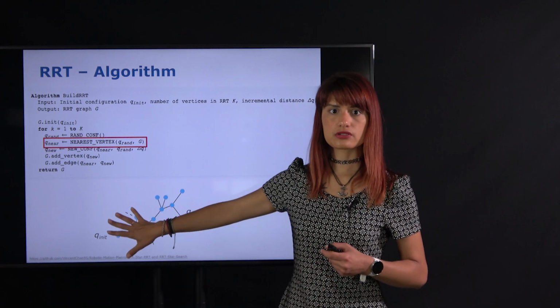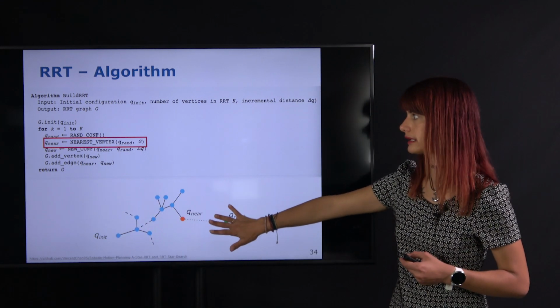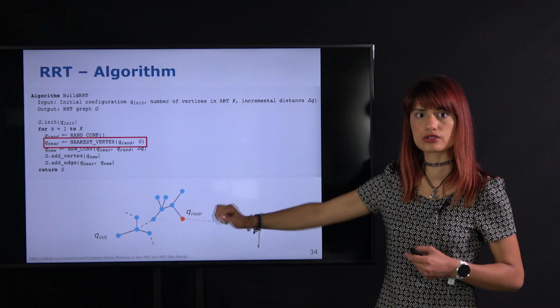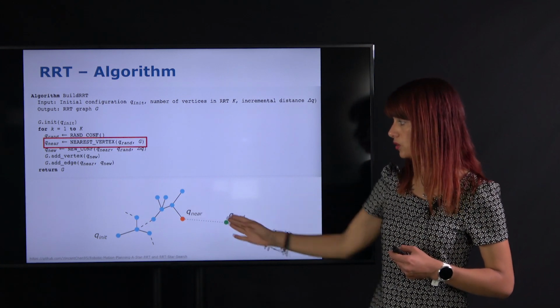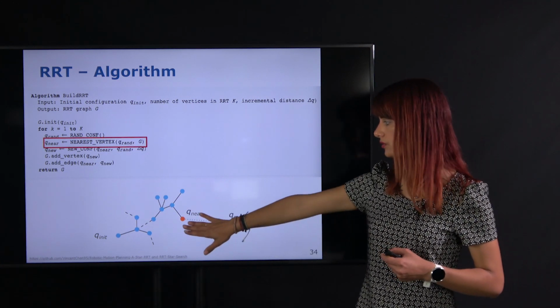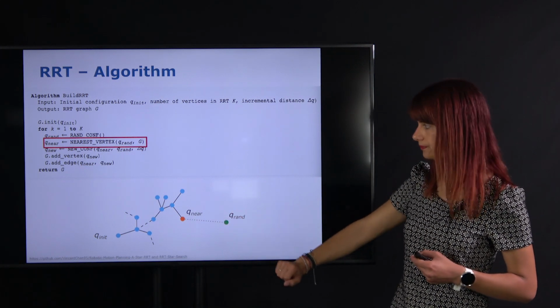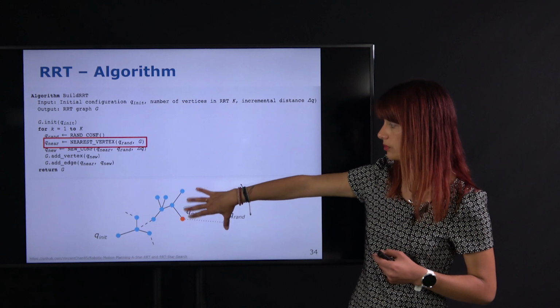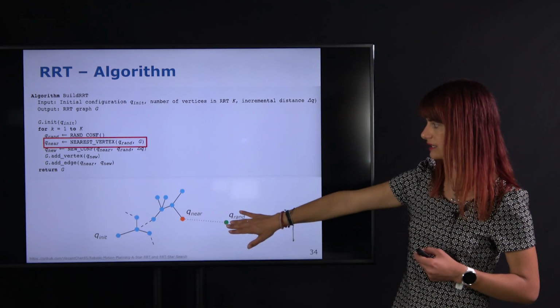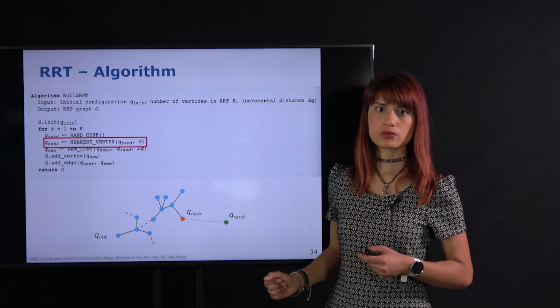So we have the tree structure, and we need, for example, a KD tree data structure in order to check the closest possible node with respect to the random node that we have just sampled. And we can check, for example, the Euclidean distance. And in this case, this turns out to be the orange one here.